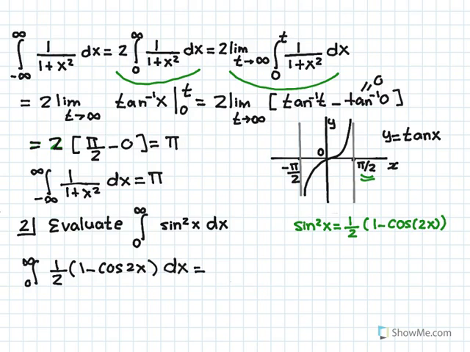Now 1 half is a constant, so it passes right through the integral, and we get 1 half times the limit as t goes to infinity of the integral from 0 to t of 1 minus cosine 2x dx.